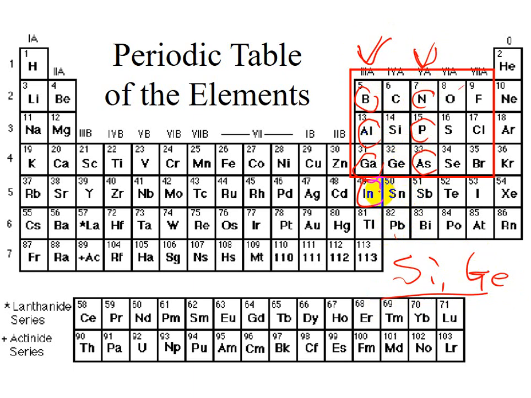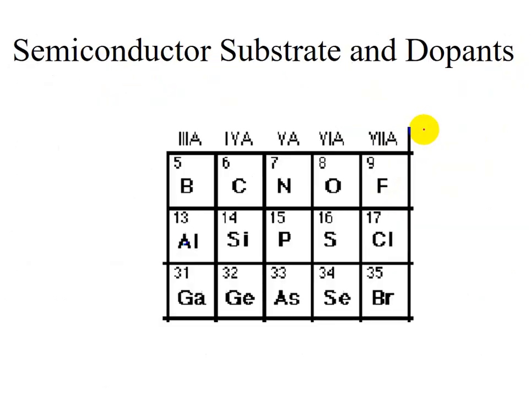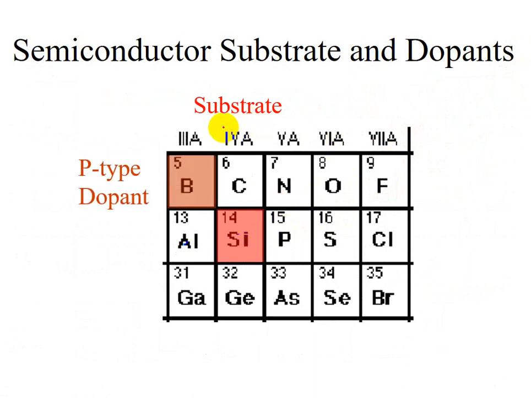The conductivity of semiconductor material primarily comes from these dopants. So over here, the silicon can be a substrate, and the group 3 and group 5 are the dopants.